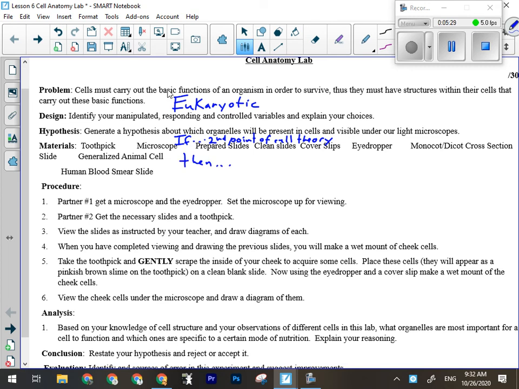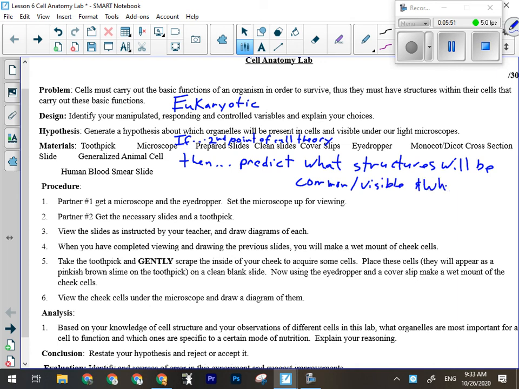And for the then part, you should probably predict what structures are going to be common or visible. And why?